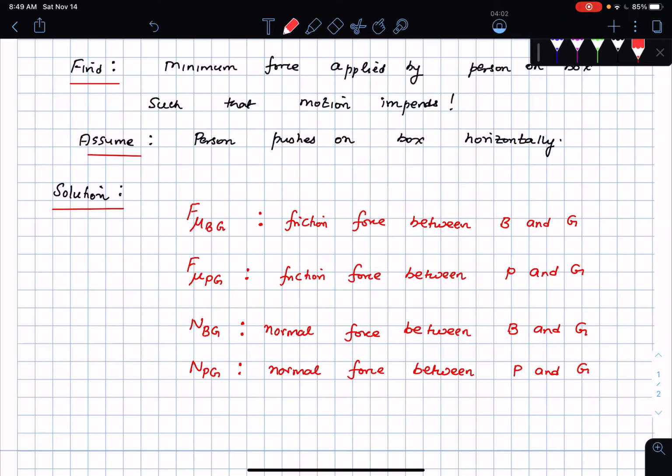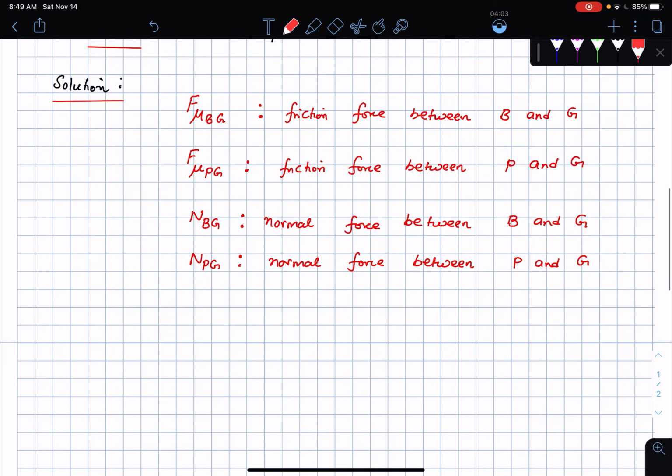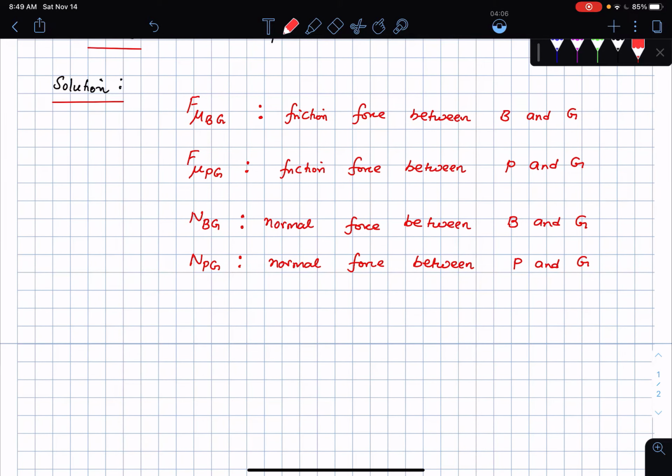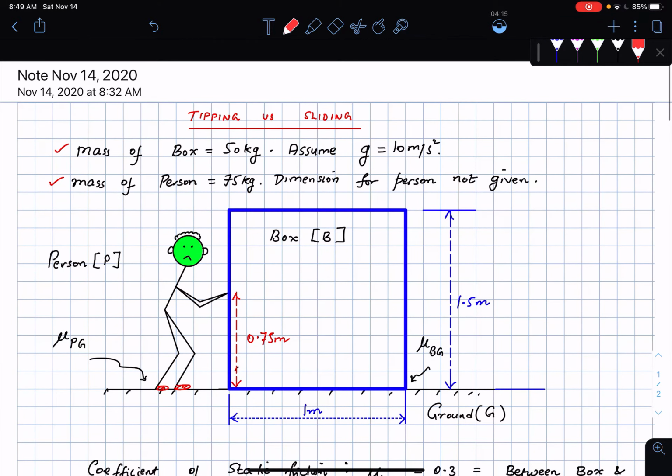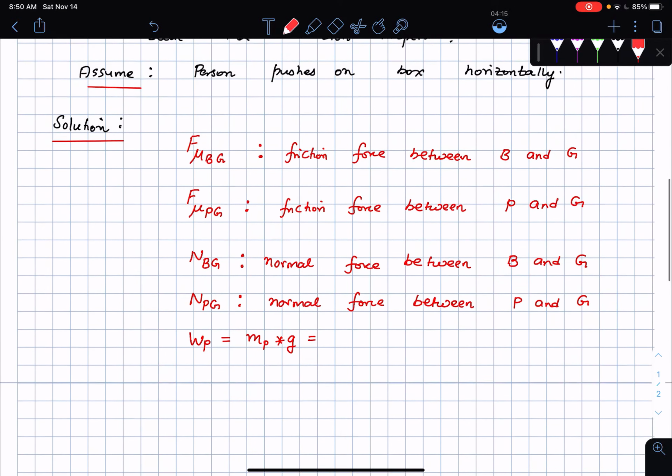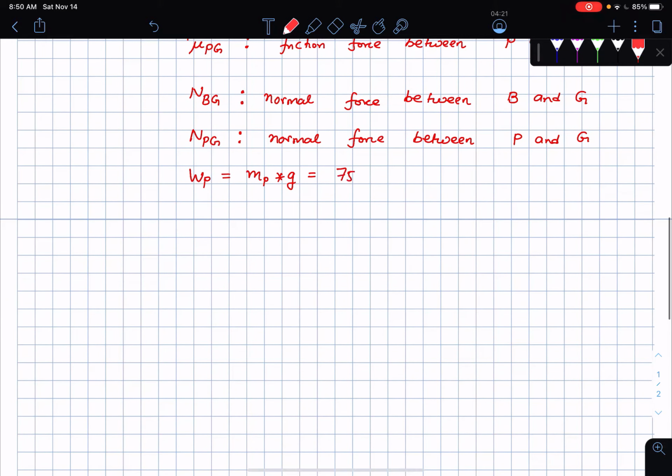This is the nomenclature that we have, and then I can also find the weight of the person. Weight of the person is mass of the person times acceleration due to gravity: 75 times 10, so 750 newtons. The weight of the box is mass of the box times acceleration due to gravity.